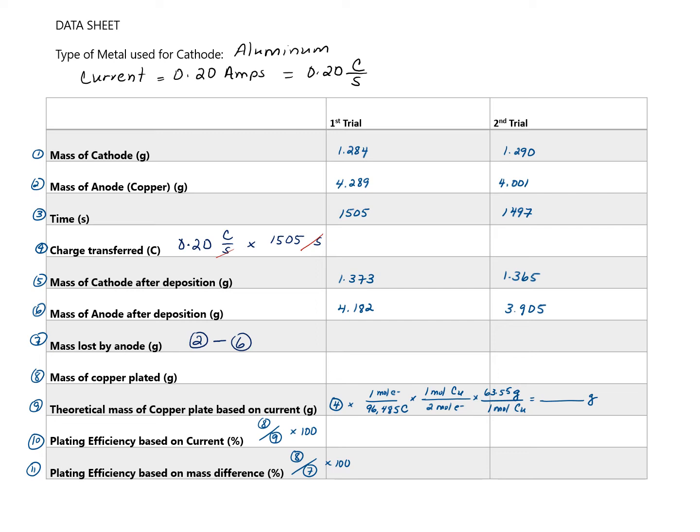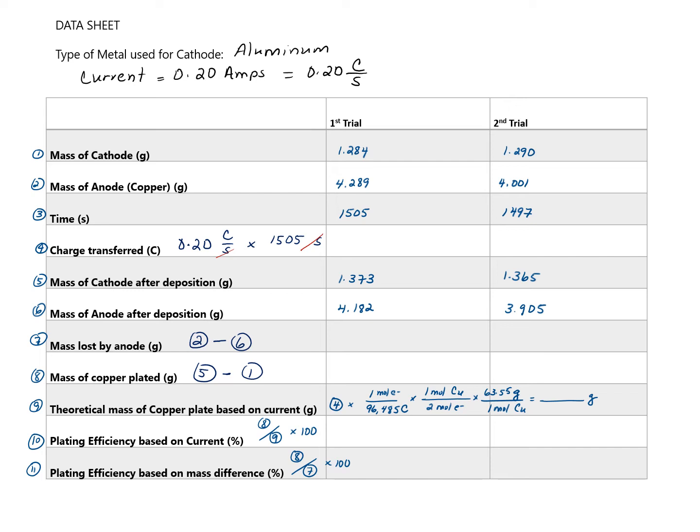If you want to know how much copper is being plated on top of that piece of aluminum, we take the number that you have in 5, which is the mass of your aluminum with the layer of copper on top, minus what you have in number 1, which is your original piece of aluminum, just aluminum.